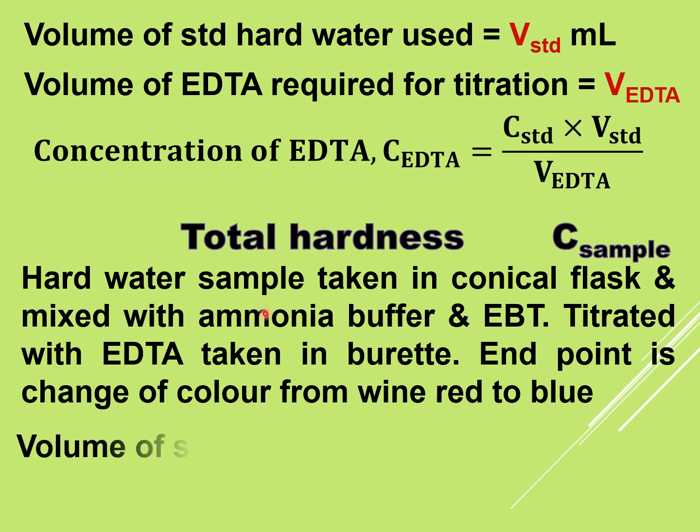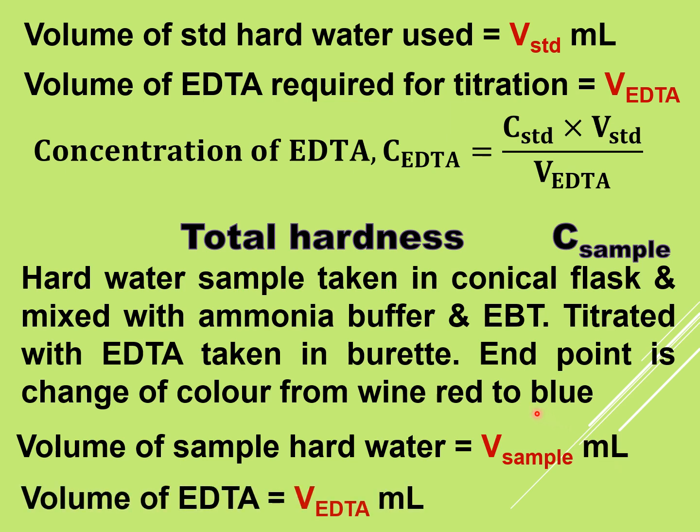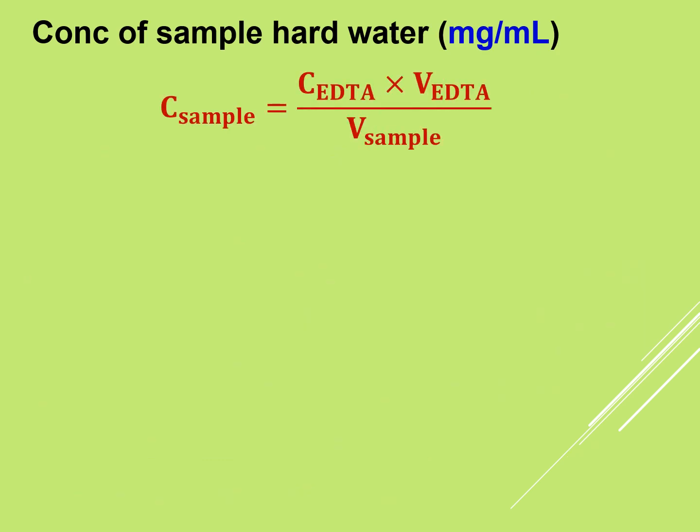Okay, so suppose the volume of the hard water sample taken is V sample and volume of EDTA obtained is V EDTA. C EDTA we have calculated from the second step. Substitute these, find out the concentration of the hard water sample. C sample is equal to C EDTA into V EDTA divided by V sample.